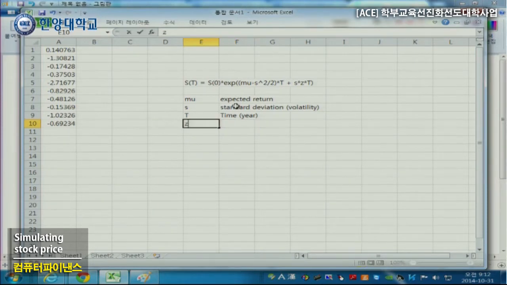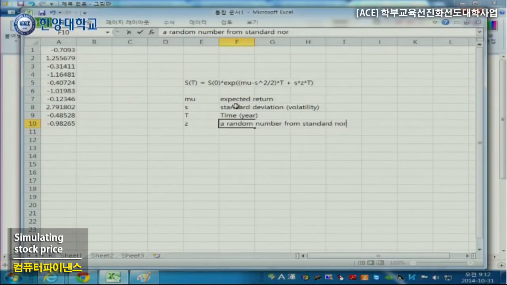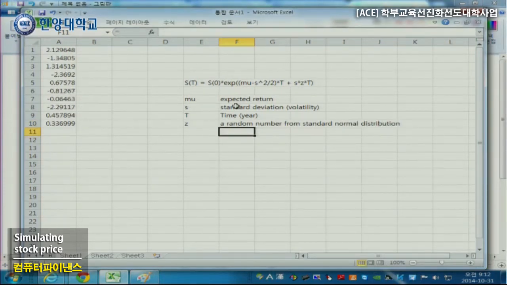And then Z is a random number from the standard normal distribution.